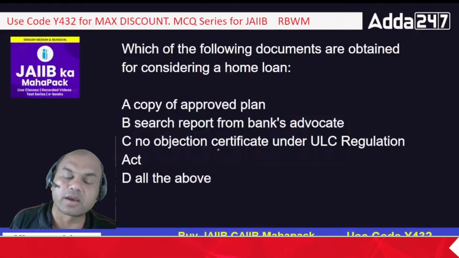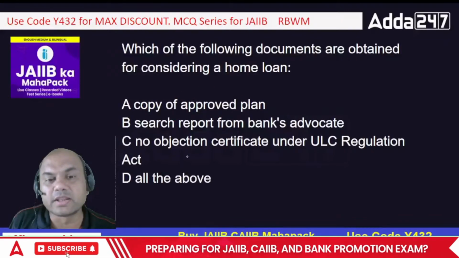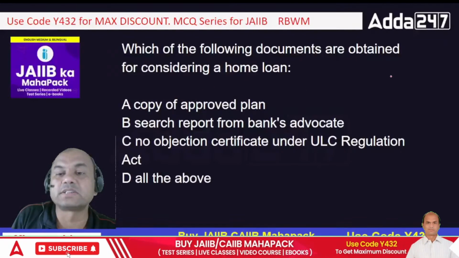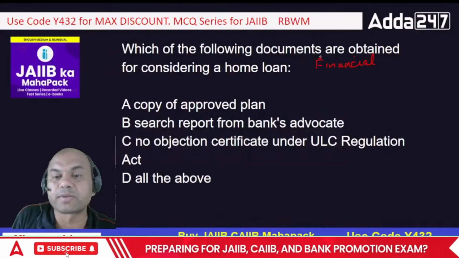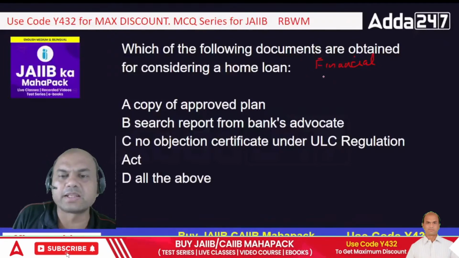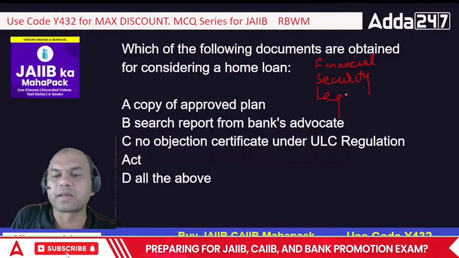Now these are the documents required, but do we mean to say only these are required? What about financial documents? Their financial documents are separate. Then security. There are three types of documents mainly, right? Financial, then security, and third one is legal. These are the three types of documents.